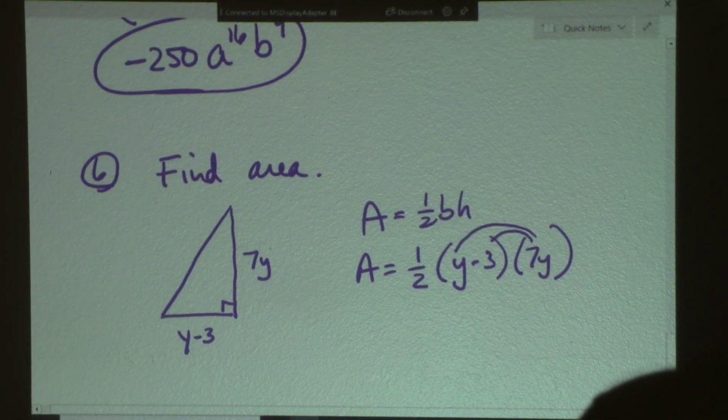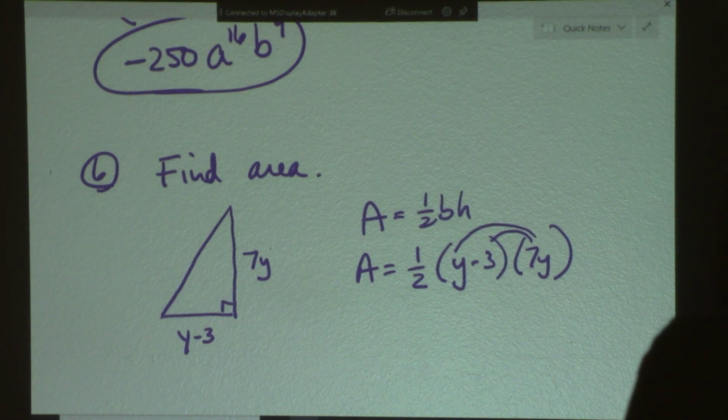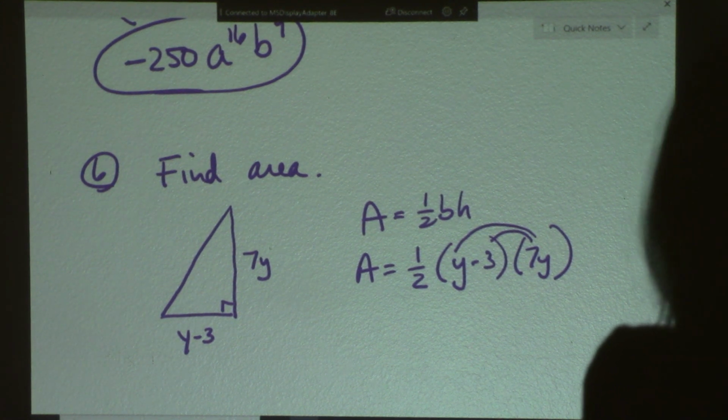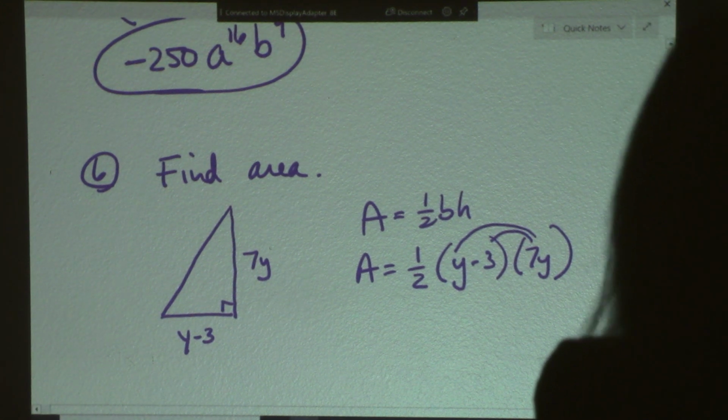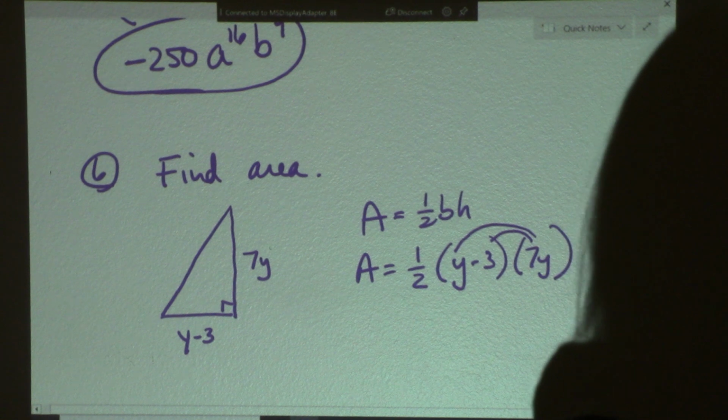It's kind of a from the back distributive property. So I have to multiply 7y times y, and then I have to multiply 7y times negative 3. Okay?